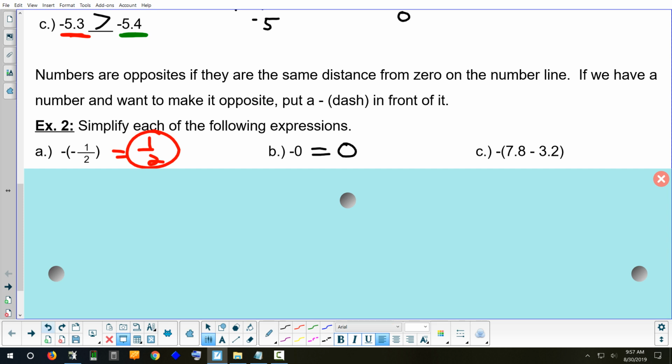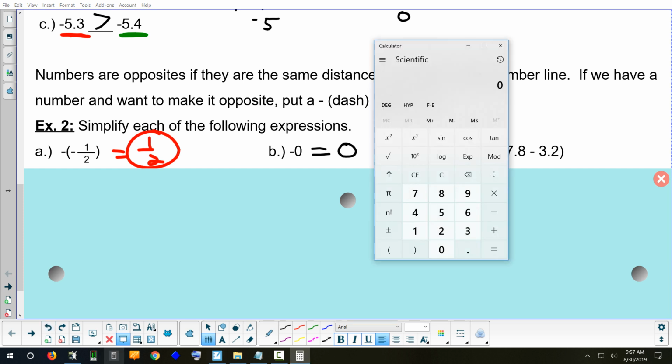Now, this one's a little different. Okay, this involves a little bit of PEMDAS. So, with PEMDAS, what does the P stand for? Parentheses. So, what's in the parentheses? Numbers. Oh, 7.8 minus 3.2. Yep. There's numbers and an operation. What's the operation again, Blake? Subtraction.